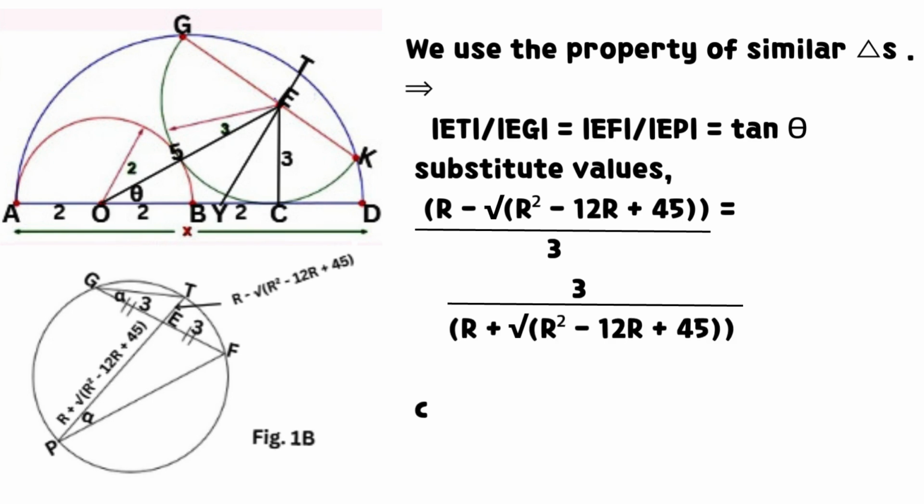Substitute values. We have that 1/3 of R minus the square root of the square of R minus 12 times R plus 45 equals 3 divided by the sum of R and the square root of the square of R minus 12 times R plus 45.